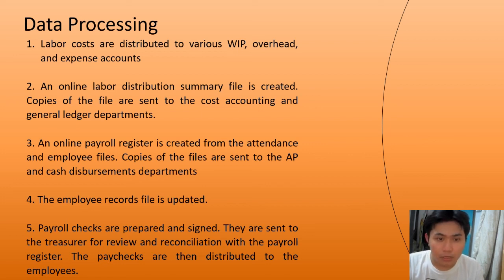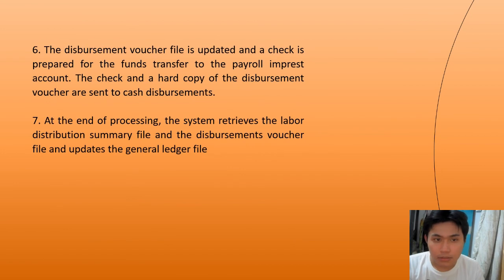Fourth, the employee records file is updated. Fifth, the payroll checks are prepared and signed. They are sent to the treasurer for review and reconciliation with the payroll register. Then they will be distributed to the employees. Sixth, the disbursement voucher file is updated and a check is prepared for the fund transfer to the payroll imprest account.